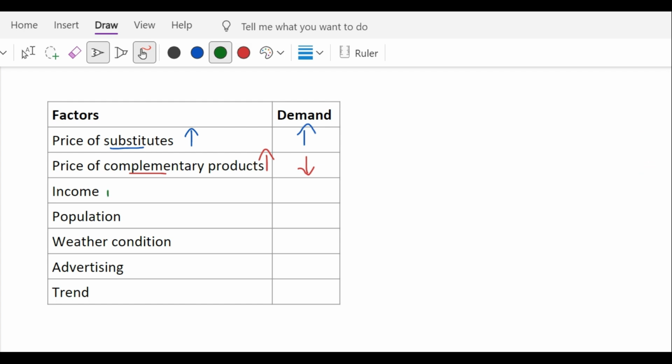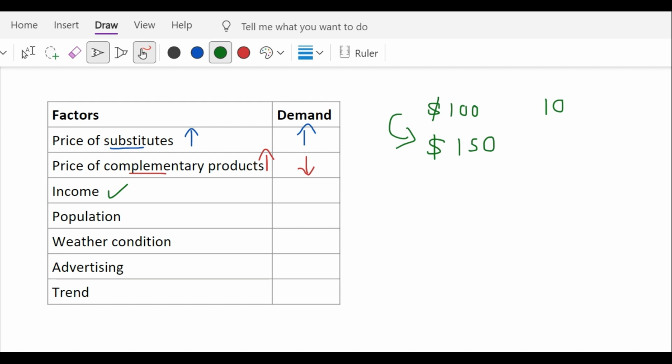Now this is somewhat straightforward: income. Let's assume that I'm earning $100. With this income of $100, I can usually buy, let's say, 10 packets of noodles. If my income increases to 150, now I can buy more noodles, right?